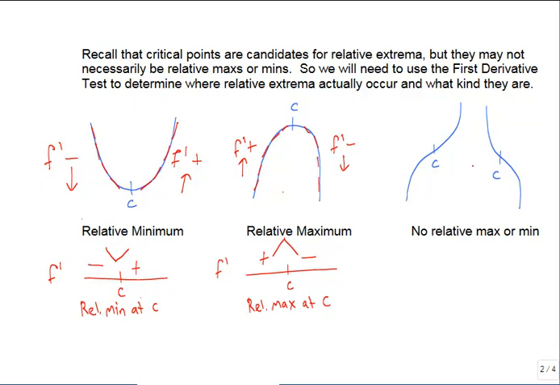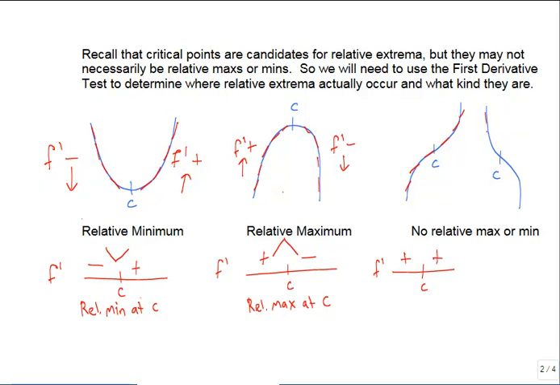Now what happens for these two? The graphs obviously do not have little maxes or mins, so there's no relative max or min here. And the reason for that is because if you think about these slopes, they're entirely positive on both sides of c for this first graph. So your number line would look like plus on the left and plus on the right.